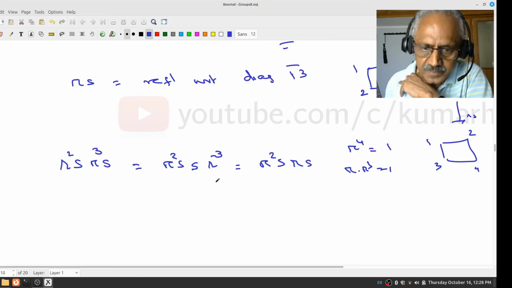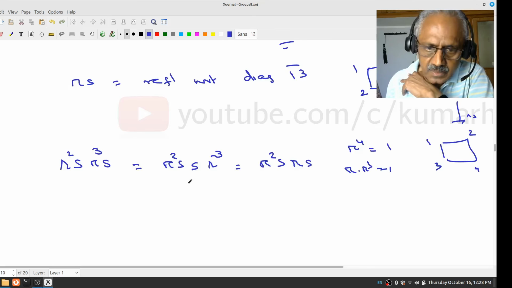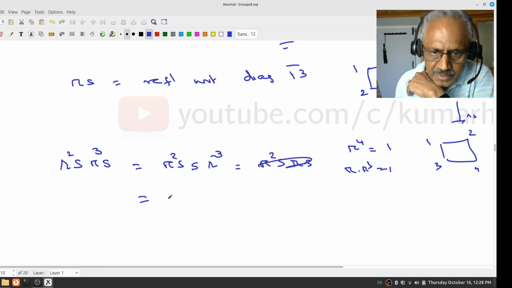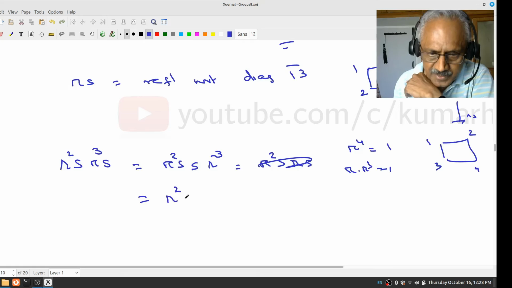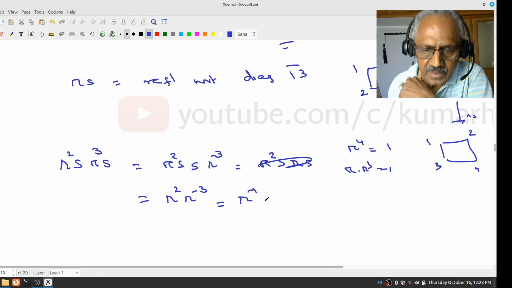This s squared is identity, r to the power minus 3, therefore it's r inverse. R inverse is again r cubed.